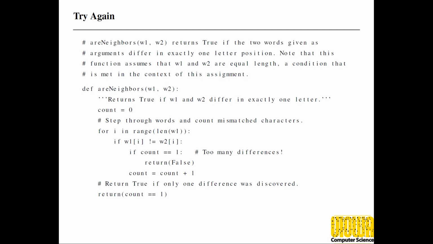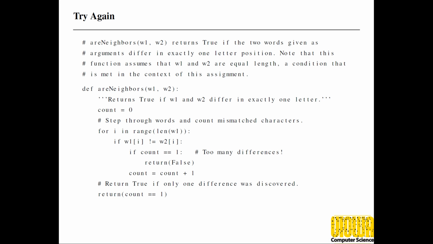I'm going to return false. I'm out of here. There's nothing good left to be done. Tiny little incremental improvement in performance for words of length 5. A possibly meaningful improvement in performance if you do this many, many times on longer words.